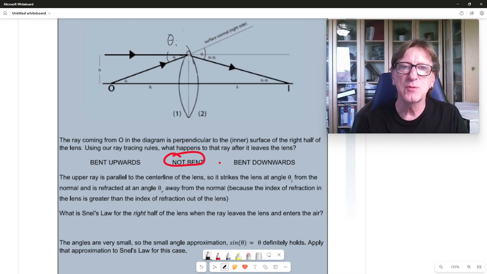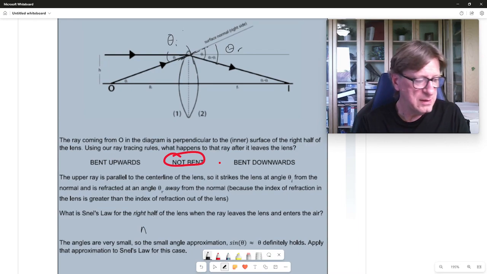Then it's going to get refracted. Here's our normal to the surface of the lens, and it's going to get refracted away from that normal at some angle theta R. So what is Snell's law for the right half here, when the ray leaves the lens and enters the air?